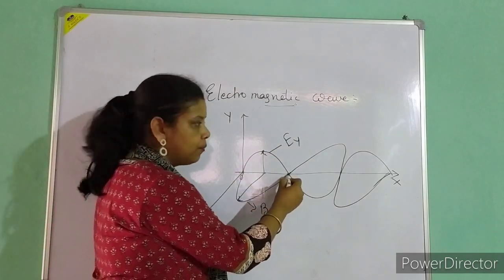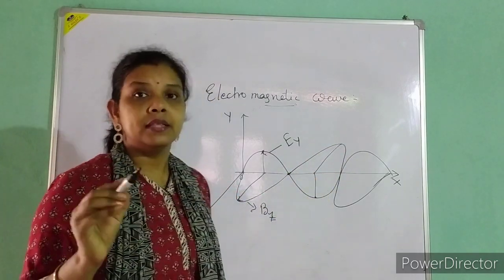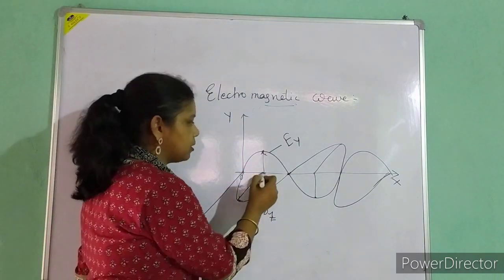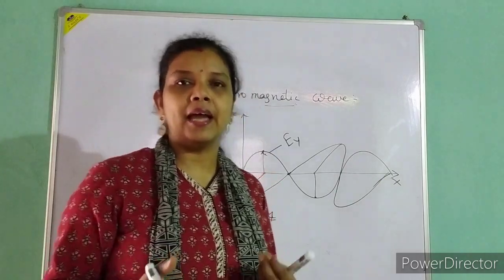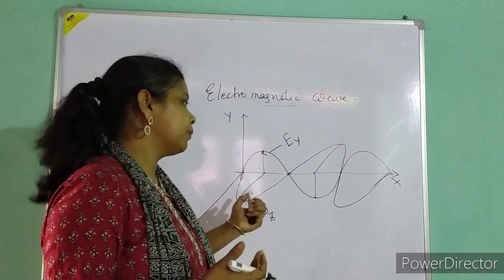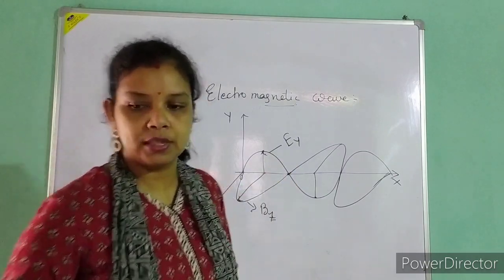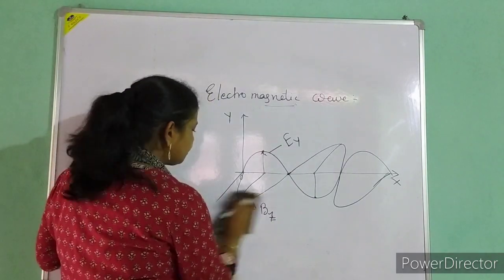It will become 0 and maximum at the same time, but the amplitude will be different. You can check this one is a bit larger, this is a bit smaller. It can be larger or smaller depending upon the situation. But since I have drawn it, it may not be exactly proper like the real values. So this is how we represent an electromagnetic wave.